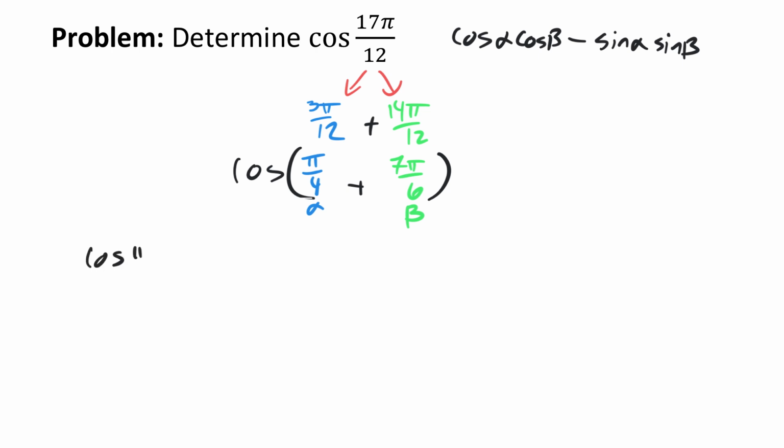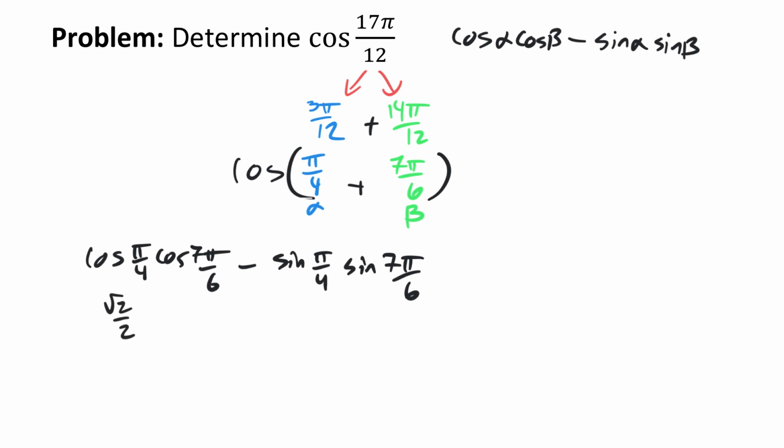Cos pi over 4, cos 7 pi over 6, minus sine pi over 4, sine 7 pi over 6. So that's root 2 over 2. Then we need cos of 7 pi over 6. That one's a little tough, but we should come up with negative root 3 over 2.